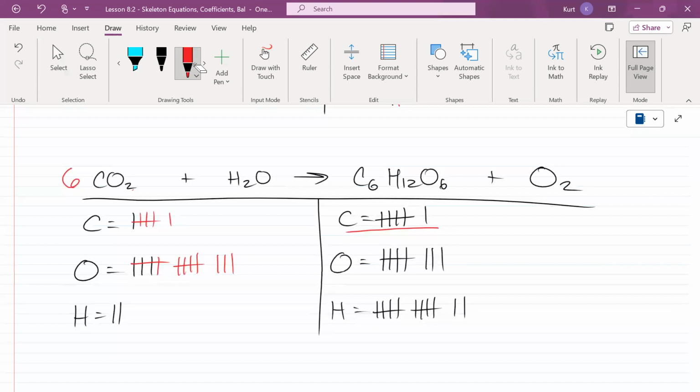Anybody have a suggestion as to what we should do next? Go ahead, Connor. Aha. Here's what Connor saw. Guys, there are 12 hydrogens on the product side. There are 2 on the reactant side. If you're writing, I really hope you're listening to me. Connor says put a 6 in front of water. Because Connor, what is 6 times 2 going to be?